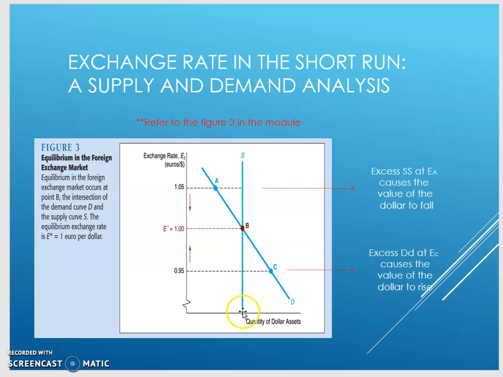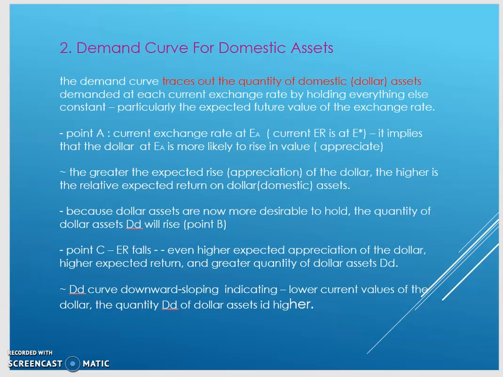This is the supply curve of the dollar, meaning it will be the same at any exchange rate, at the price of 95 cents, $1 or $1.05. So the supply curve is the same.